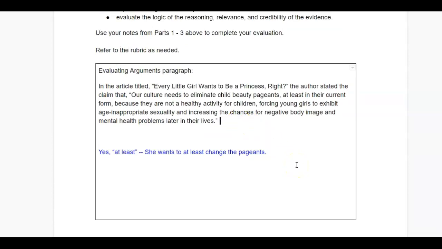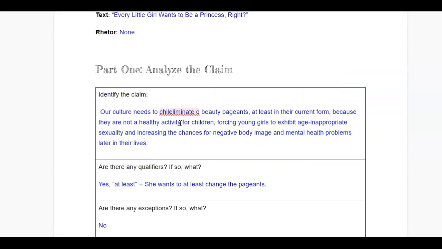But then in my sentence, I might need to reword it so that it flows better in my paragraph. So I could say the author uses a qualifier by saying, and then I could keep going on. Okay? So after I finish with my part 1, I have all of my information from part 1 here in my paragraph. Now I can go on to part 2.